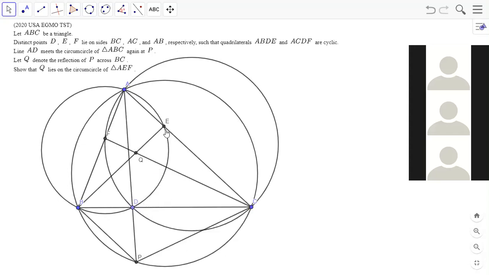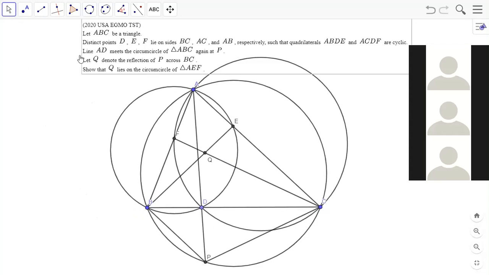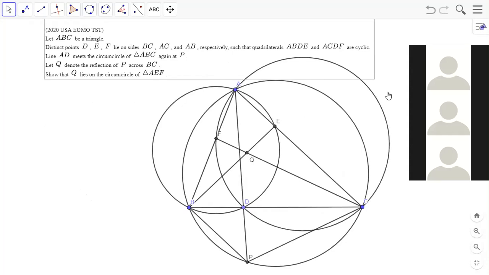So basically we want to show angle QBD is QFD. It can be obvious because angle BFD is equal to angle ECD from spiral similarity, and ECD is ACB, and that will be APB, and that will be DPB, and DPB will be DQB.